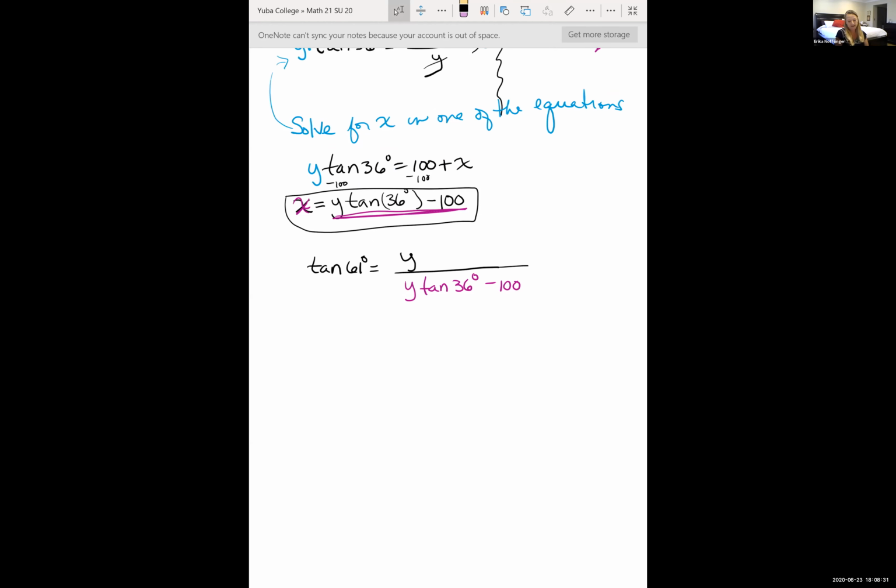Solve for Y. We have an equation and want to clear a fraction, so we multiply both sides by our denominator, Y tangent of 36 degrees minus 100. So I have tangent of 61 degrees, all times Y tangent of 36 degrees minus 100, is equal to Y, since multiplying this side by the denominator cancels it, leaving just Y.